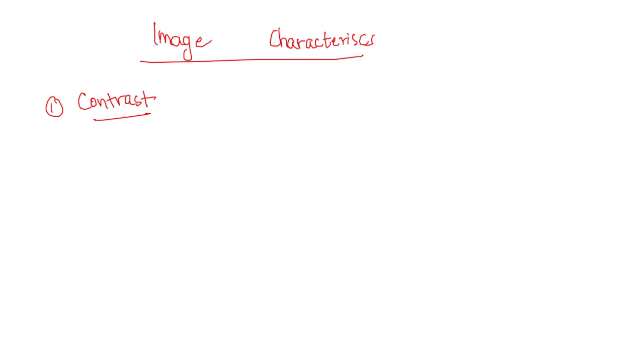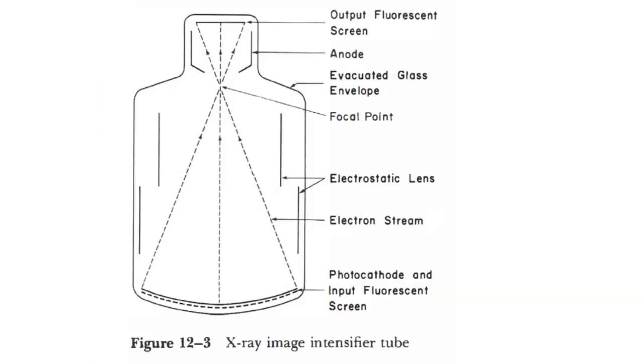One example of determining the contrast of the image is this. If this is the input screen, right? To this input screen, in the center, I will place a thick lead disc, around 1/4th inch thick.